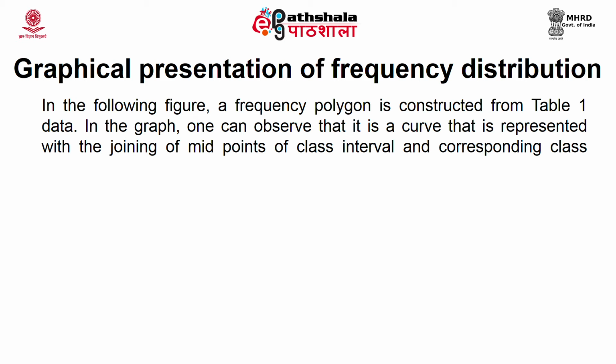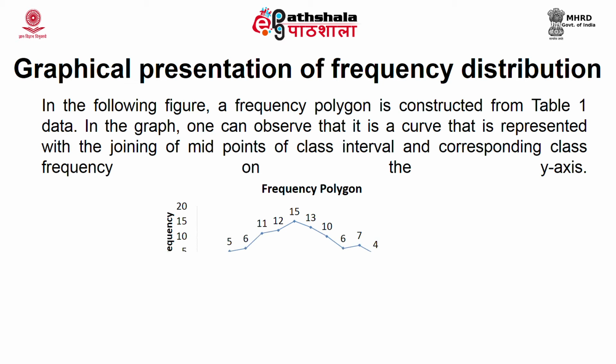In the graph, one can observe that it is a curve represented by joining the midpoint of each class interval and the corresponding class frequency on the y-axis. So, from the figure we can see that these dots represent the value of the frequency, and we join these points with a line, and this curve is called a frequency curve.